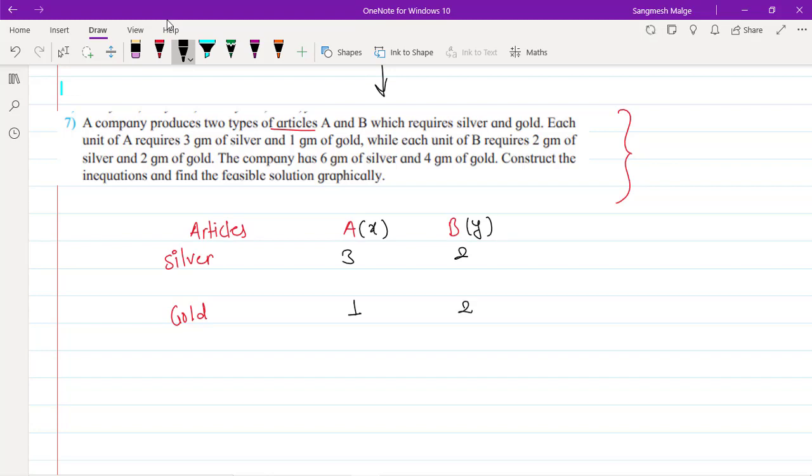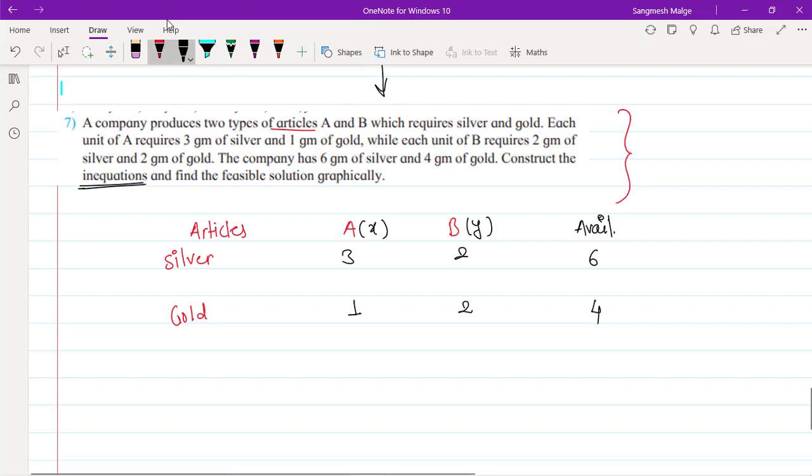Okay, no problem. The company has 6 gram of silver. Okay, so what is the availability you have? What is the availability, boss? The company has a total of only 6 grams of silver available and 4 grams of gold available. Okay, so construct the inequations and find the feasible solution graphically.